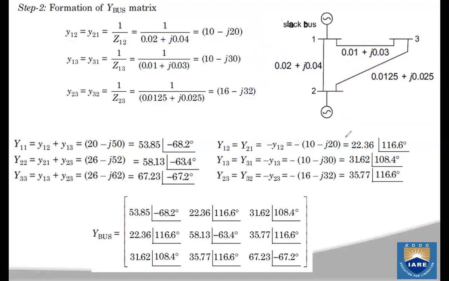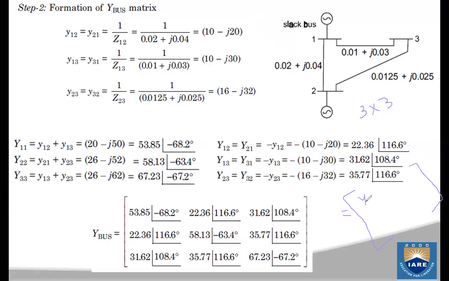So the Y bus matrix from the direct inspection method, if you calculate it: as there are 3 buses, you will get a Y bus matrix of order 3 by 3.